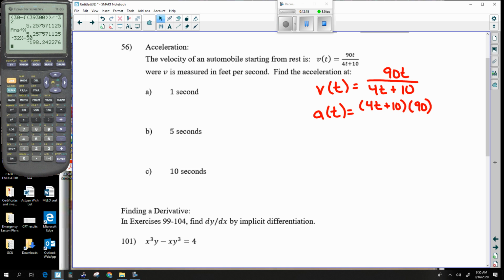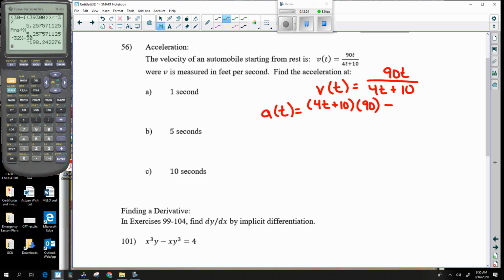Minus, leave the top alone, derivative of the bottom, all over the bottom squared.